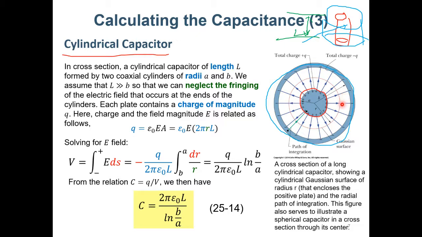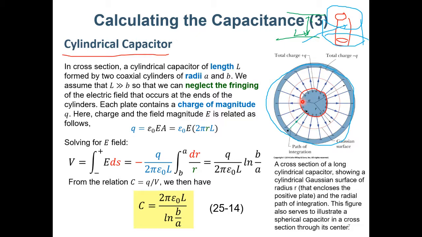So for the Gaussian surface, this red circle, the E field is uniform within these two cylinders. For Gauss's law, the left side is just epsilon 0 times E times A, where A is the side area, 2 pi r times the height.